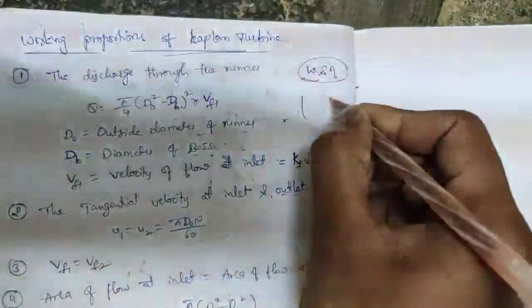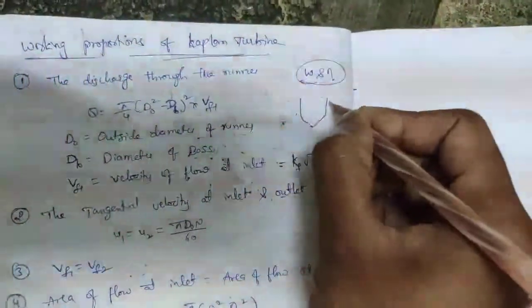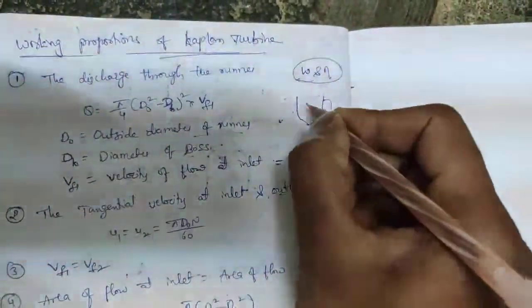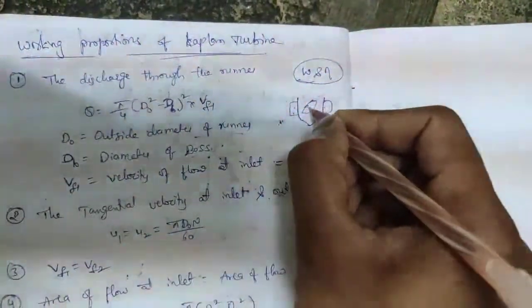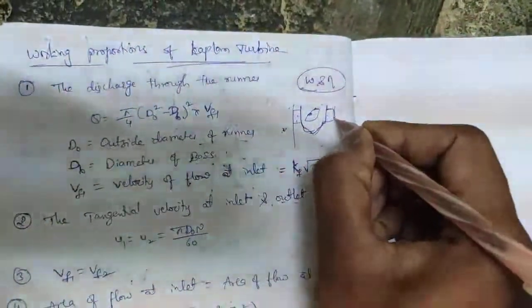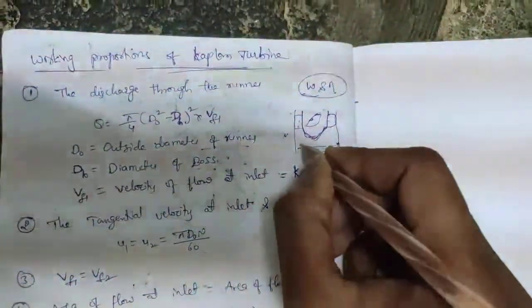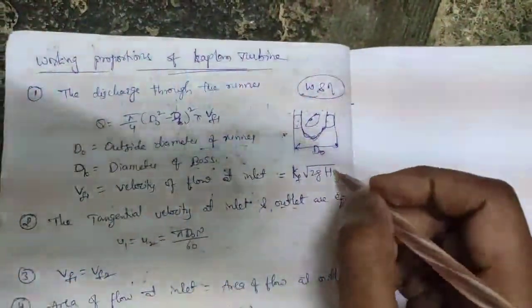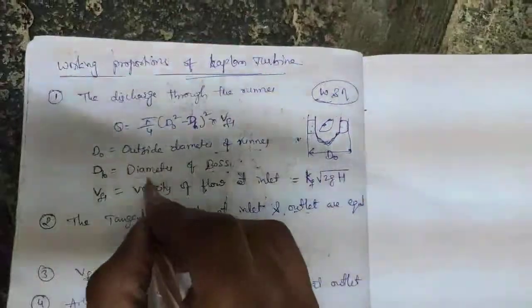This is the hub, and on it the blades are located. These blades are curved in shape. The diameter including hub and blade is called d0, the outside diameter of the runner, and dB is the diameter of the hub.